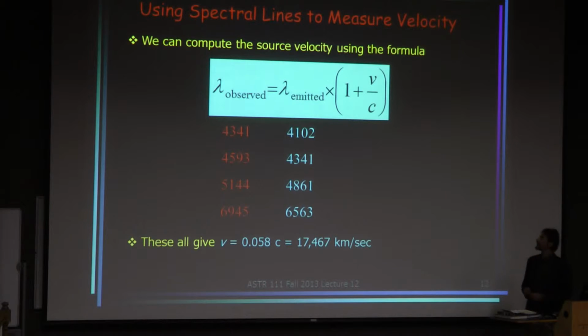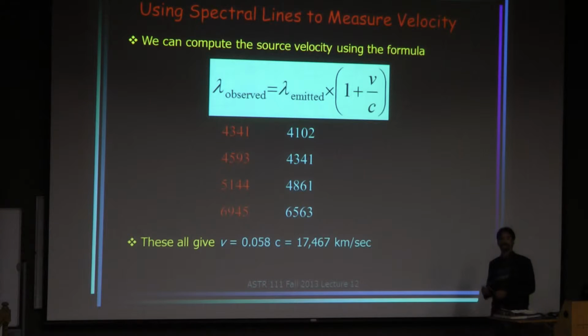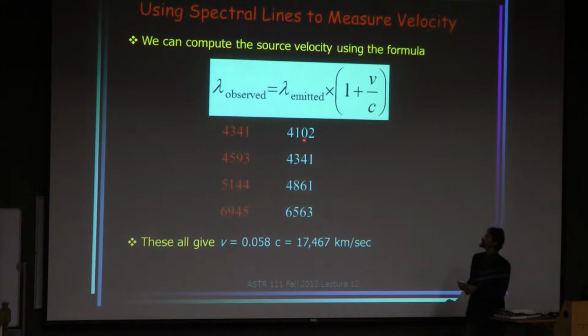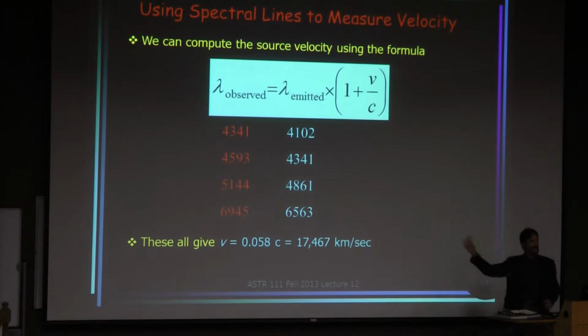So again, on an exam, presented with this kind of thing, you'd be asked to calculate the velocity. The first quality control thing to do is realize that it certainly has to be a positive velocity, because positive velocity is moving away from you. And this is a redshift situation for sure, because the observed wavelengths are longer than the emitted wavelengths. Definitely a redshift. We must have the source moving away.